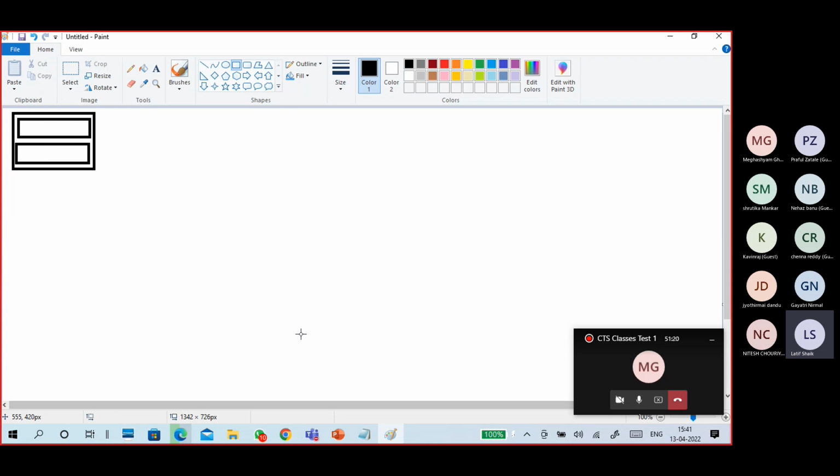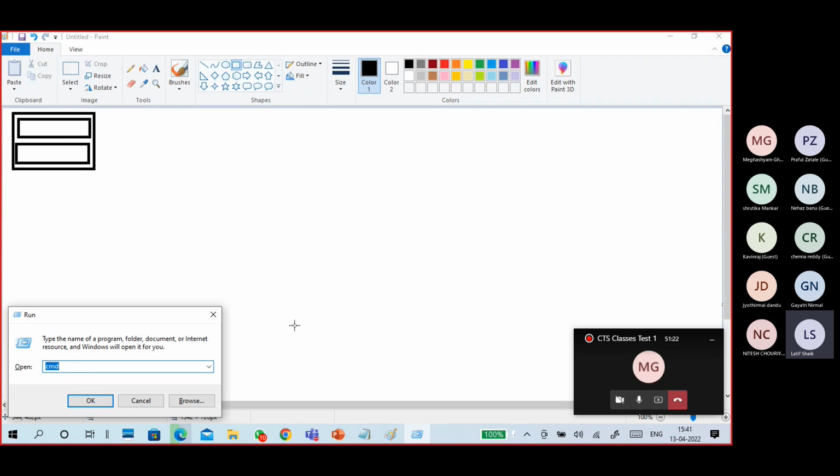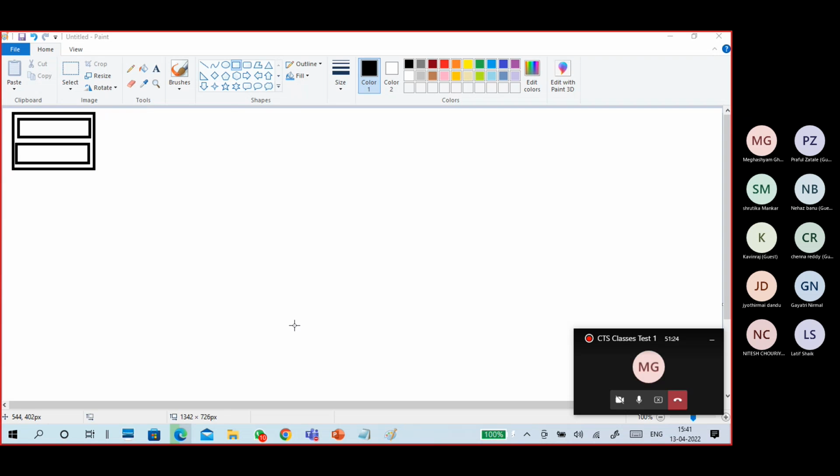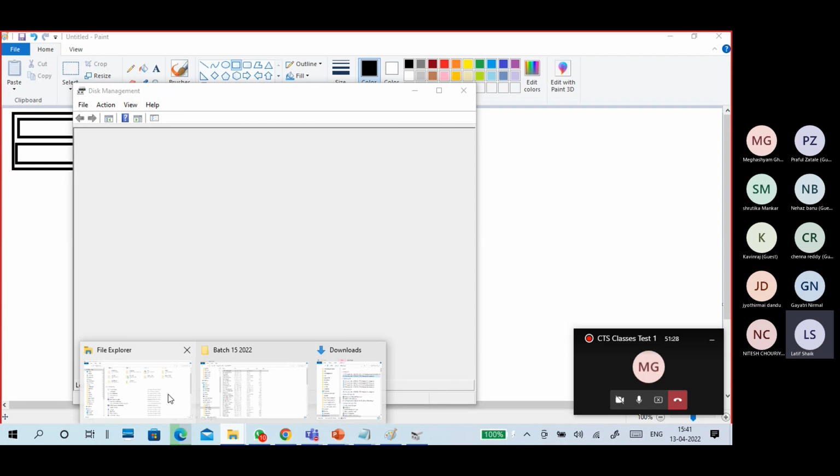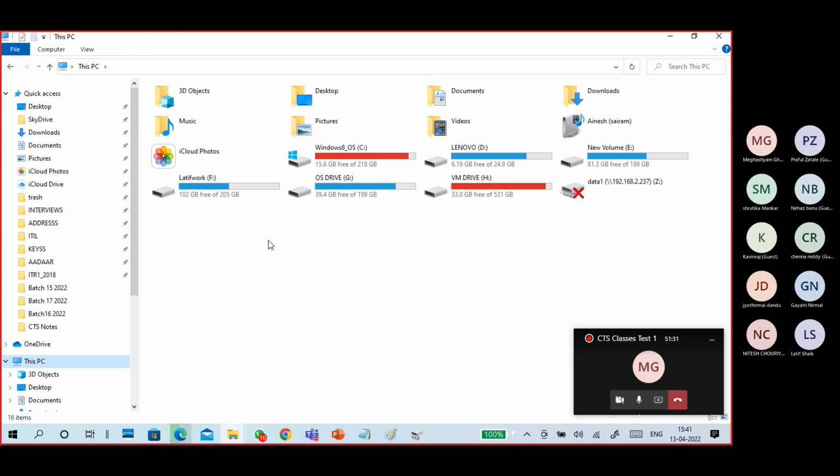For example, in my disk management, see, only 33 GB is available here, only 15.6 GB is available here, and 39.4 GB is available here.